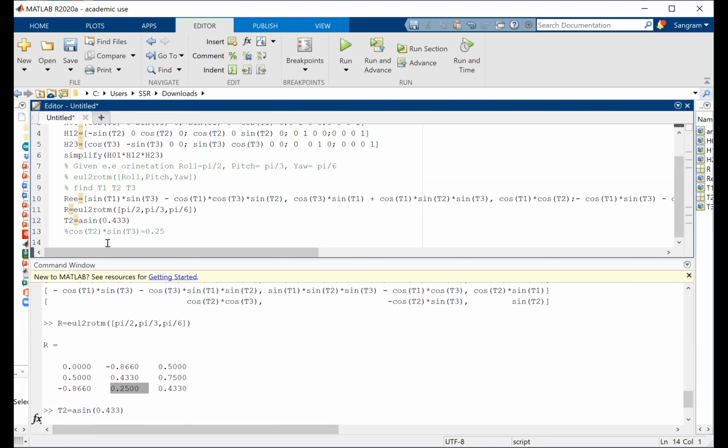Now please note, we know the value of T2. So what I'm going to do is T3 is equal to asin of, in parentheses, 0.25 divided by cosine of T2 that we already found. And then evaluate this.